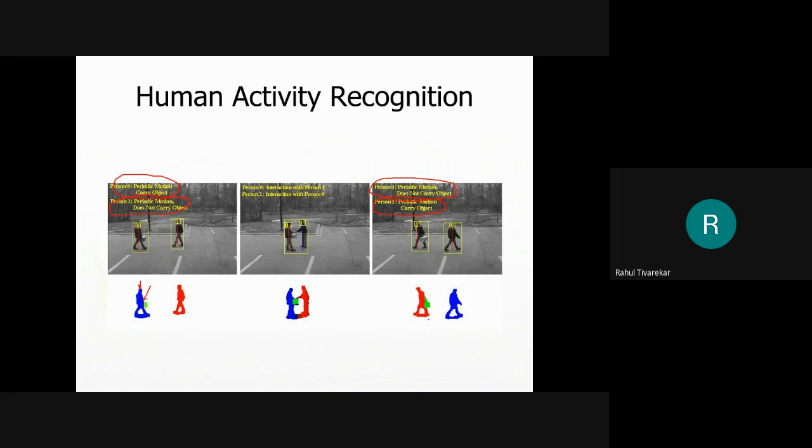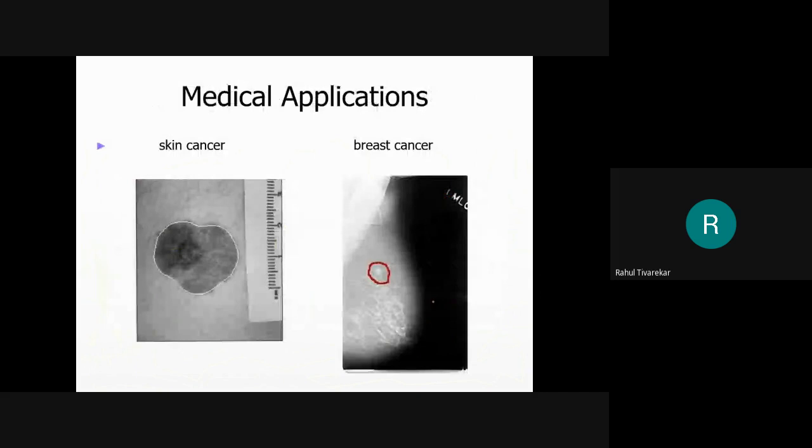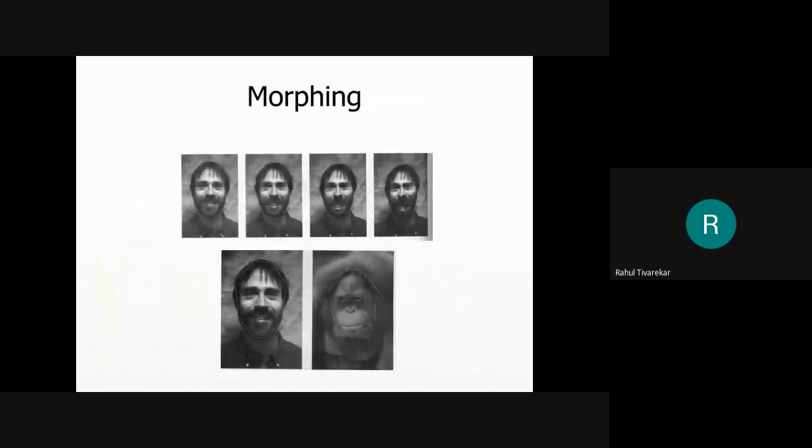So while interacting, they have exchanged something, and that way the human activity can be recognized. Breast cancer also can be recognized. I have another image also where some kind of image enhancement operations are done, and that way we can identify some kind of diseases.